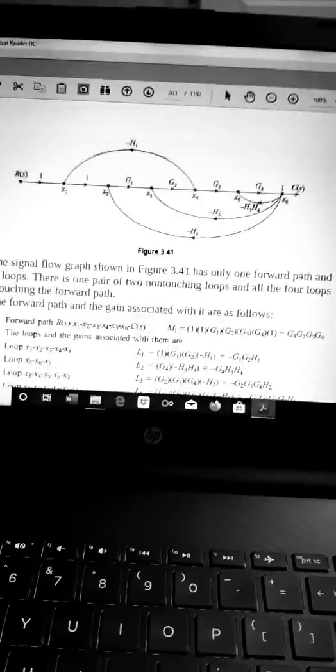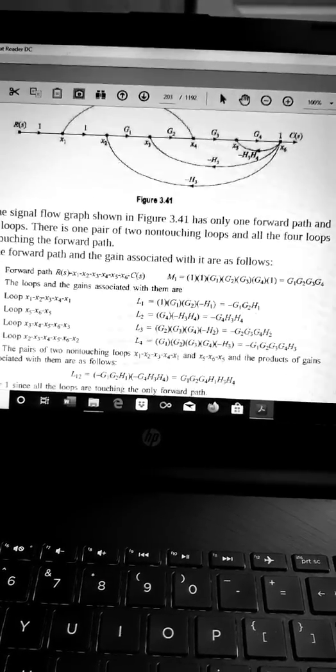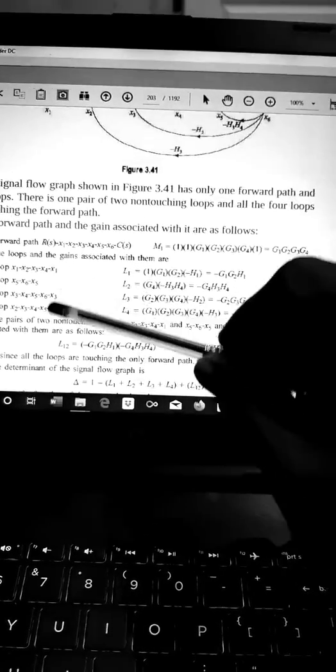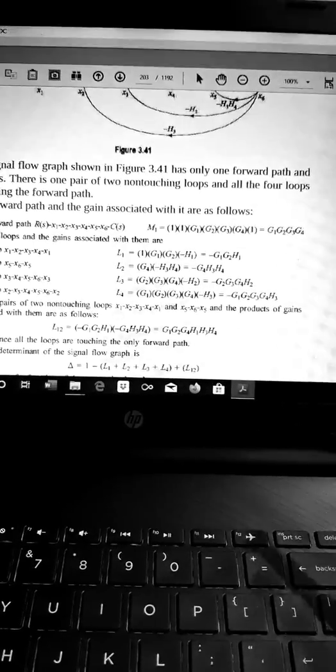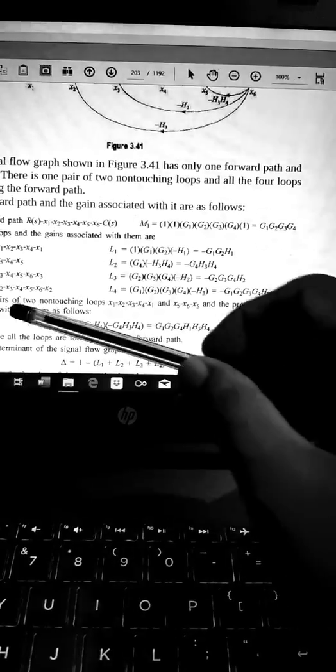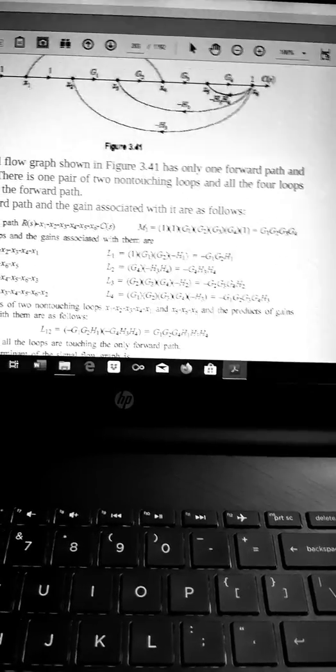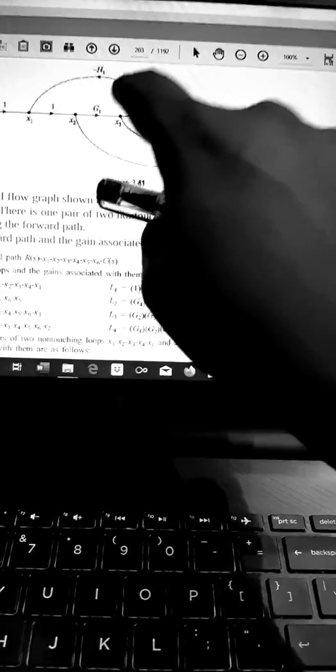So there is forward path 1, the gain is G1, G2, G3. There are 4 loops, gain is written. Then the pairs of 2 non-touching loops, you can see that there are 2 pairs, this and this.